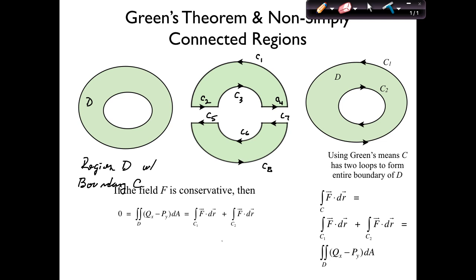And if they sum to 0, then they'd have to be equal and opposite. So the line integral is still 0, but that line integral is split apart into two actually separate paths that have to have equal and opposite, non-zero values.